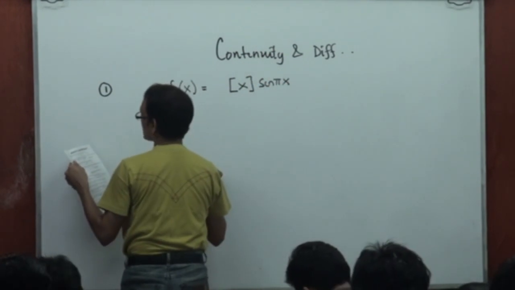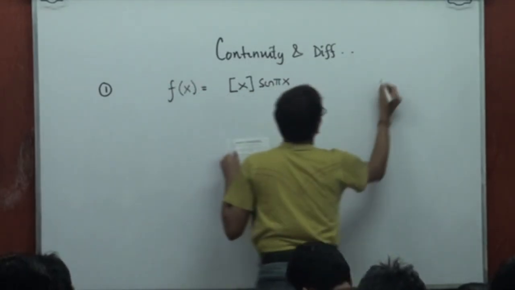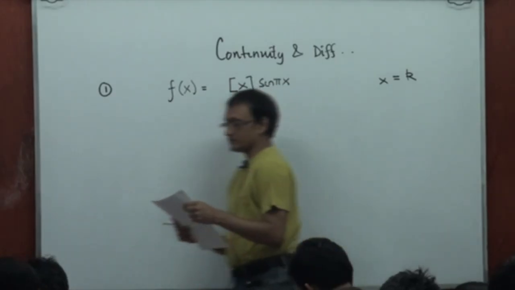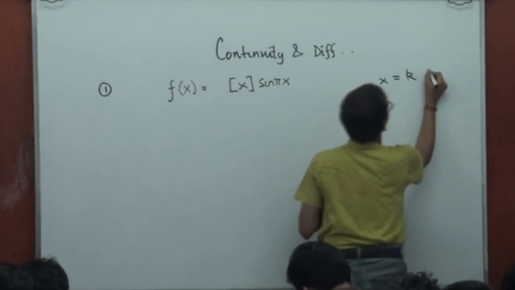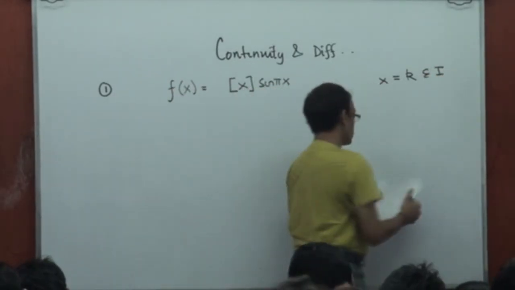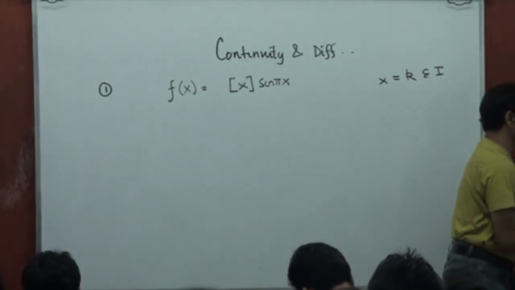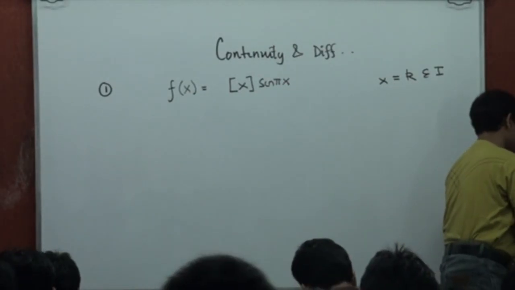Box x sine pi x, and we want to check on the left hand derivative at x equal to k, an integer.